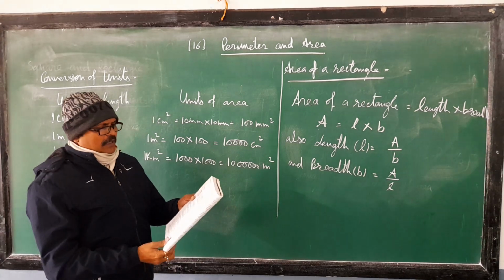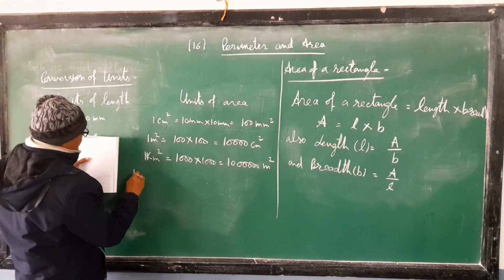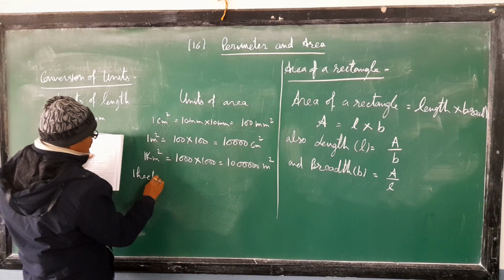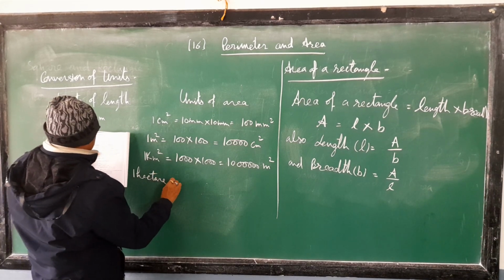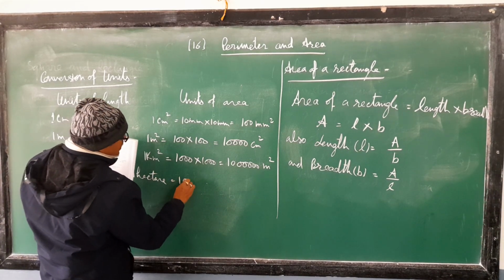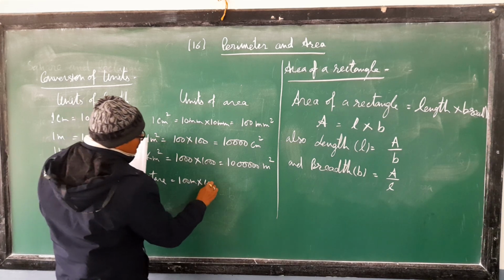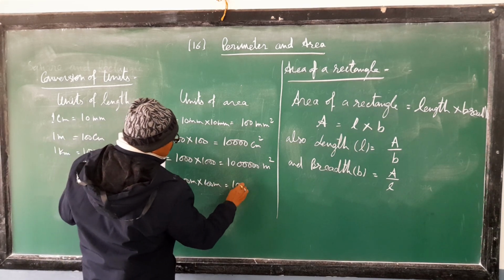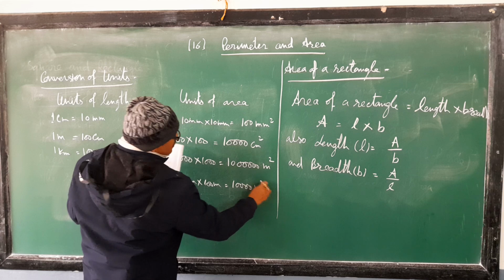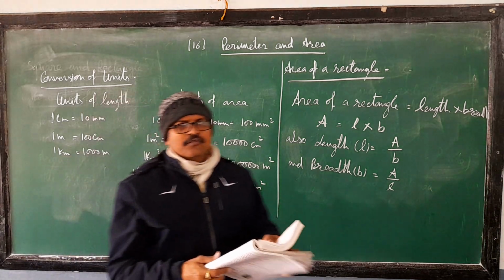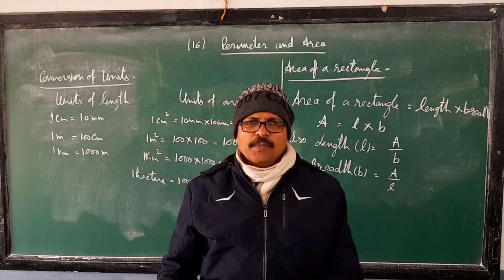And one more is given, 1 hectare is equal to 100 meter into 100 meter, 10,000 meter square. So these are a few formulas you can note in your copy.